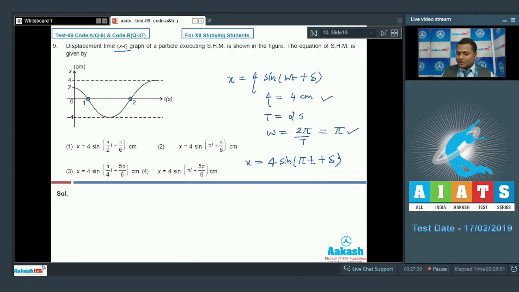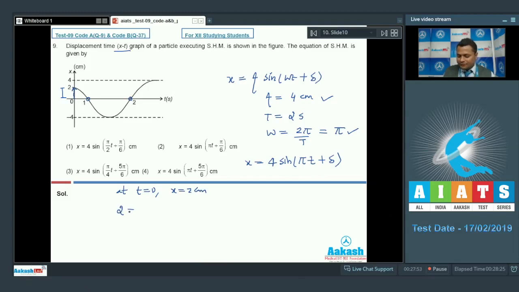Now our next target is to calculate delta, which is the initial phase or phase at t equals 0. So at t equals 0, what is the displacement of the particle? At t equals 0, the particle is displaced from the mean position by 2 centimeter. So x equals 2 centimeter.